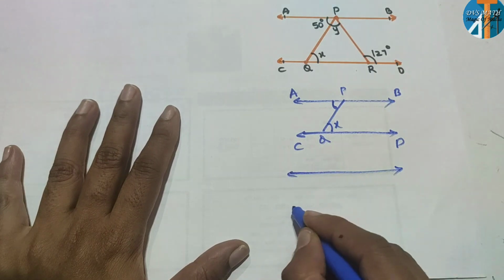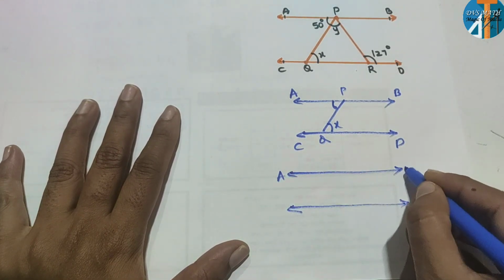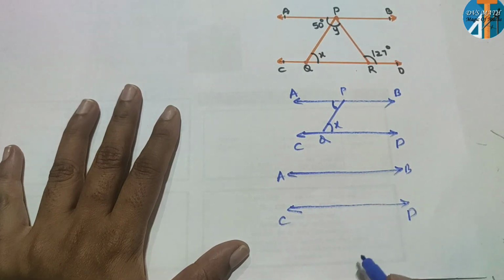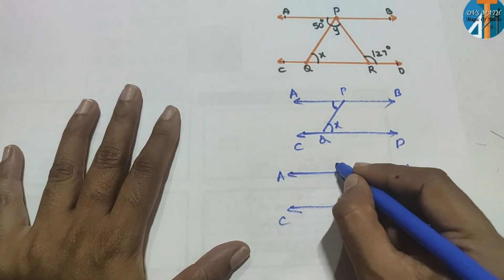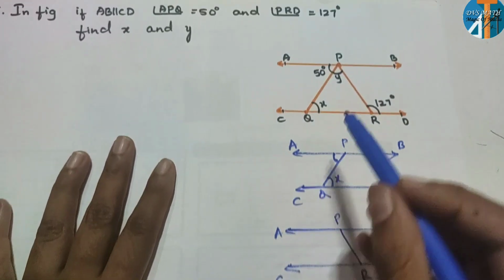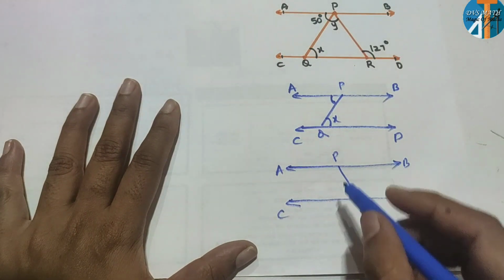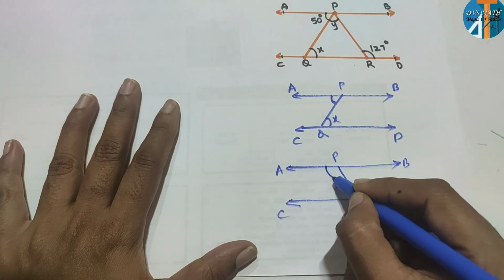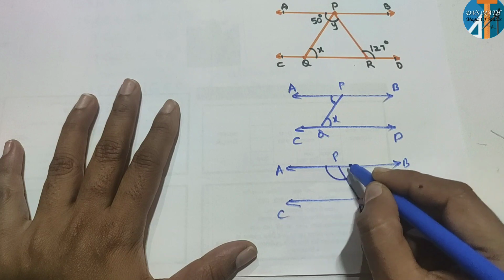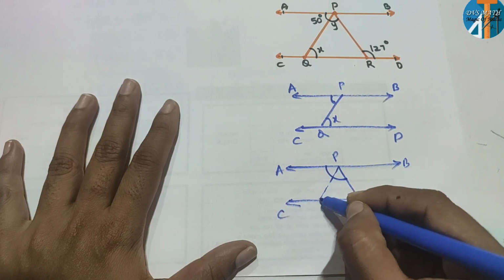This is very simple. Again I am taking AB parallel to CD. Now I am taking another transversal PR. Here we have two transversals, one is PQ and another PR. Now if you consider this whole angle, it is a sum of two parts.